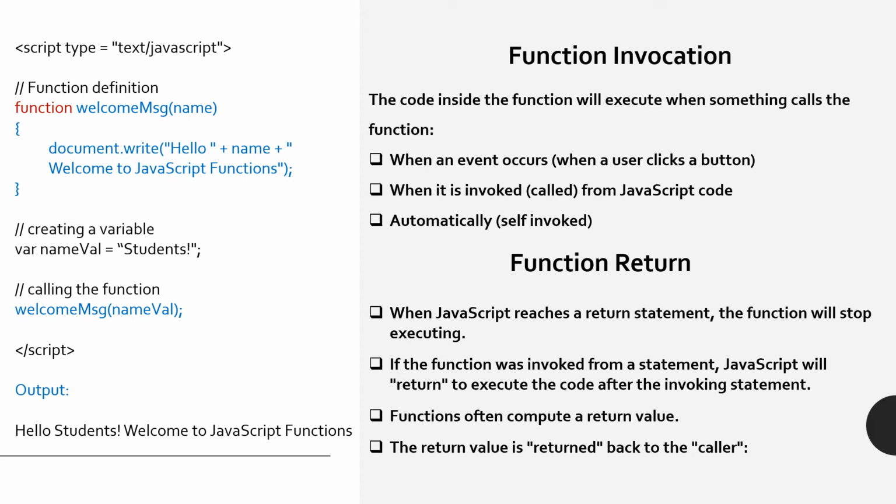In the previous function we saw a return statement. Whenever the function is invoked, it will stop when the return statement is executed and return a value.